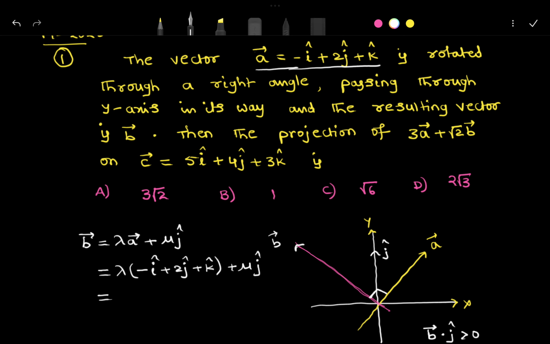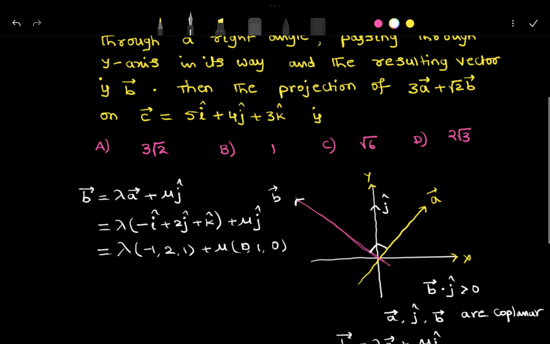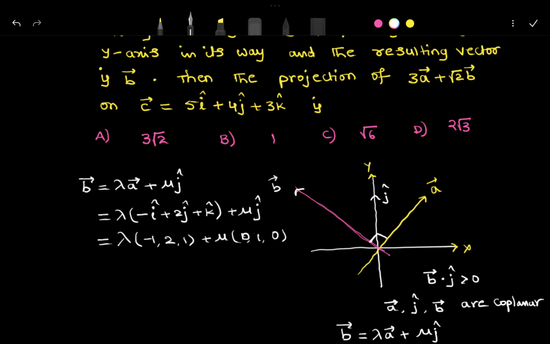We can write this as lambda into (minus 1, 2, 1) plus mu into (0, 1, 0). Now by simplifying, b bar equals (minus lambda, 2 lambda plus mu, lambda). So b bar is this vector.